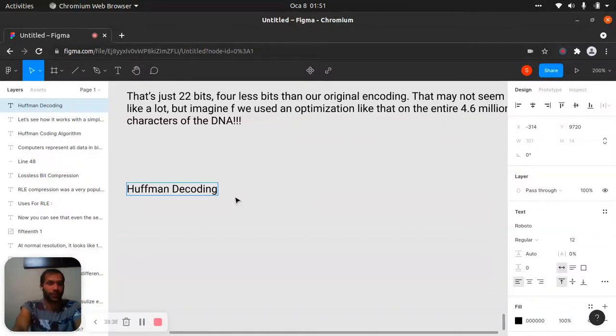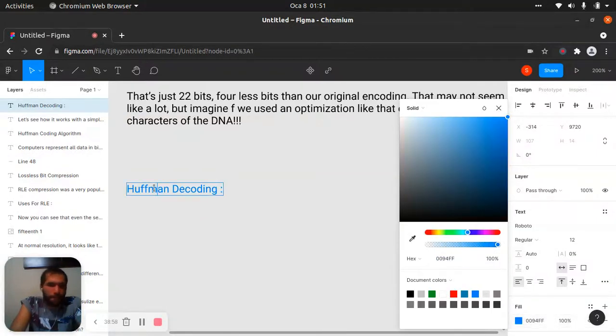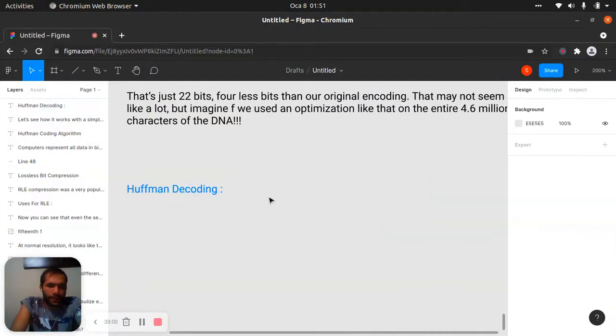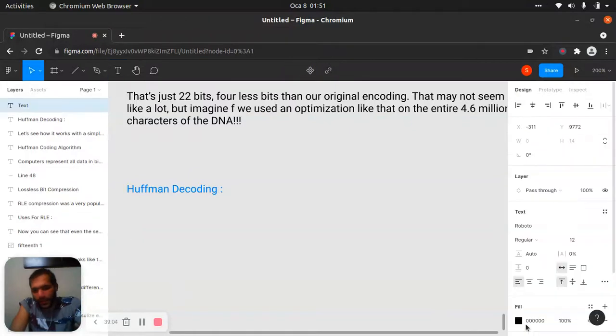You need to resolve it. So solve what you did before. Anyway, for decoding, let's put it in blue again. Right, this is the subtopic of this. And let's come down.